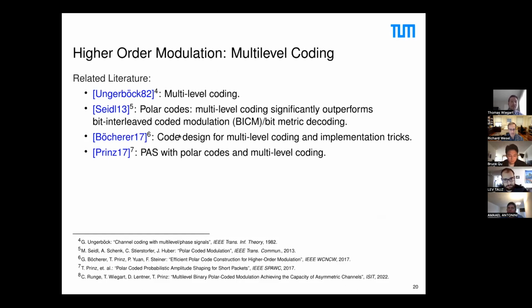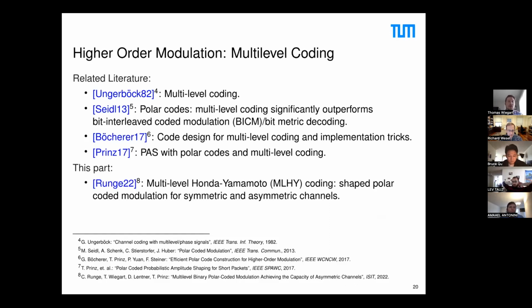Then some follow-ups, maybe from TUM, 2 papers. One from Georg is about how to do code design for multi-level coding and polar codes, and already contains some implementation tricks. And then my colleague Tobias, he did password polar codes using multi-level coding. And what I'm going to present in this part is something from my colleague Konstantin Runge.